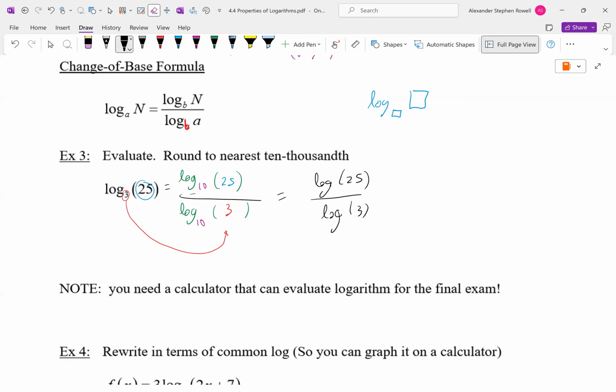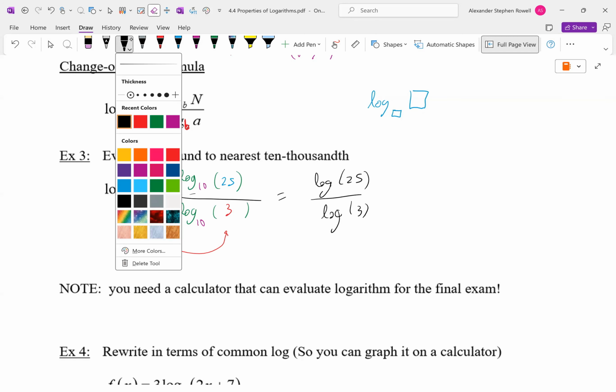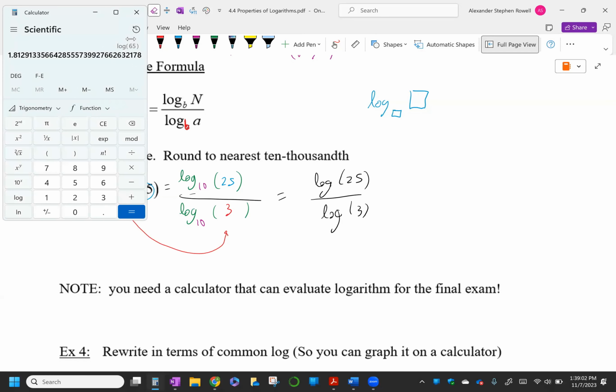Shall we check? How do I do this? Windows, T, calculator. Okay. I can't change my base, so I'll do 25.